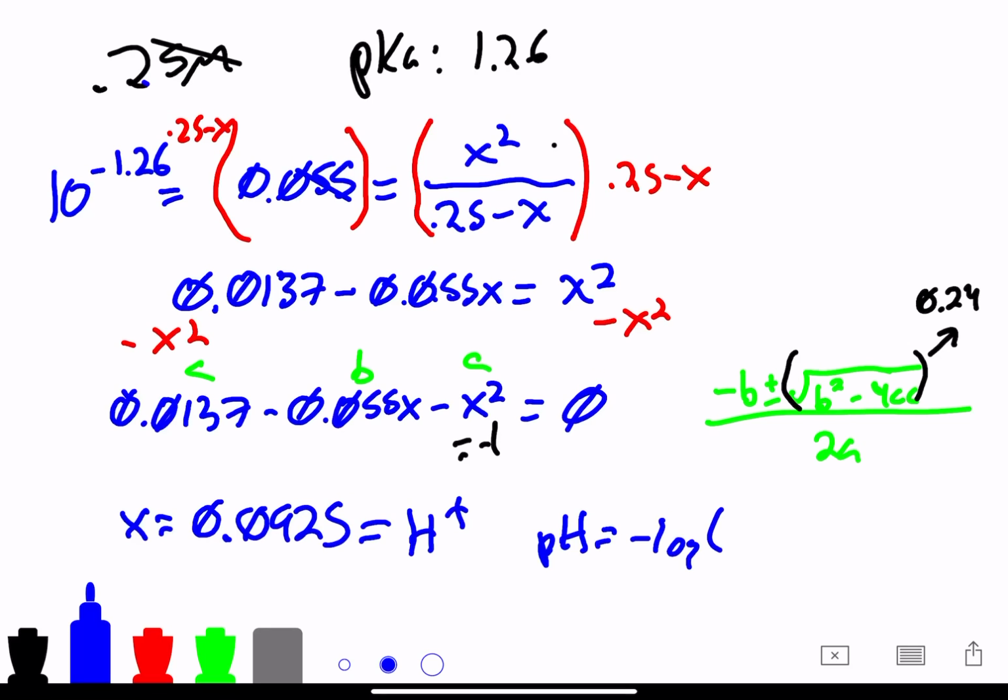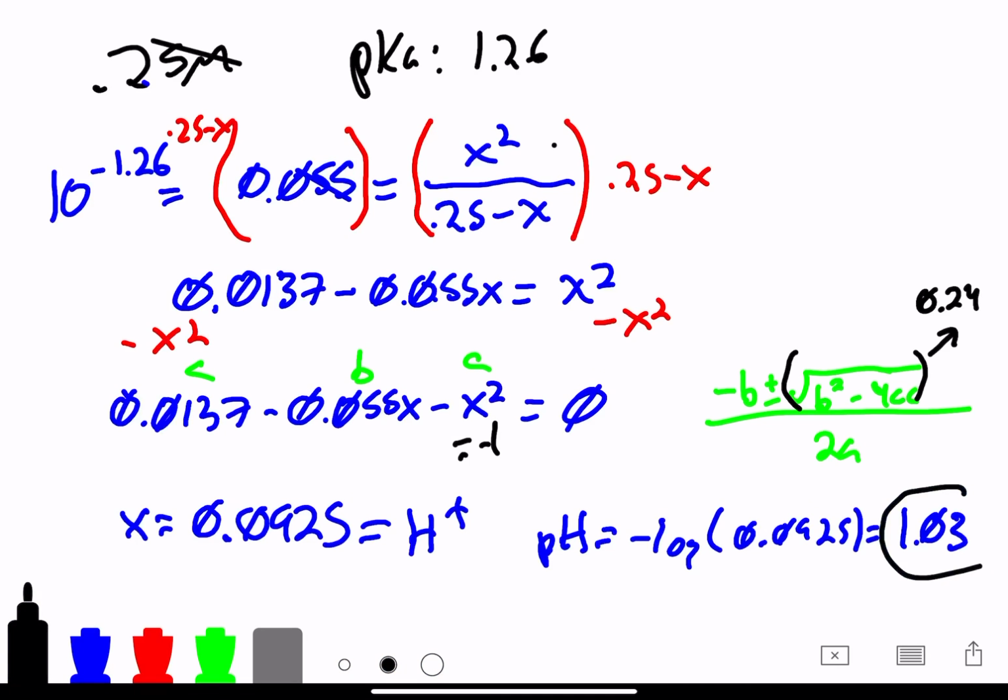So the opposite of log of 0.0925 is equal to 1.03. So your pH here for a 0.25 molar solution of dichloroacetic acid would be 1.03.